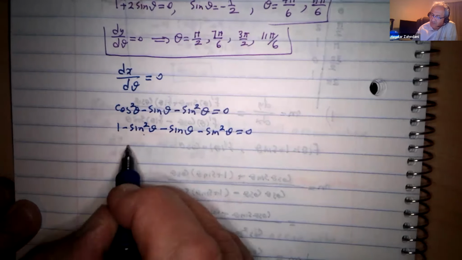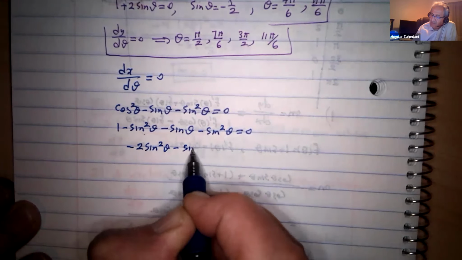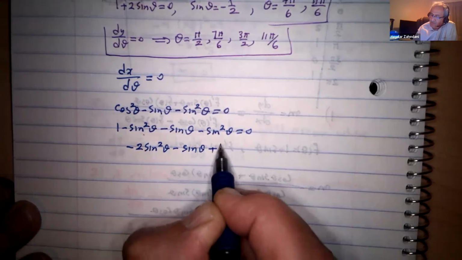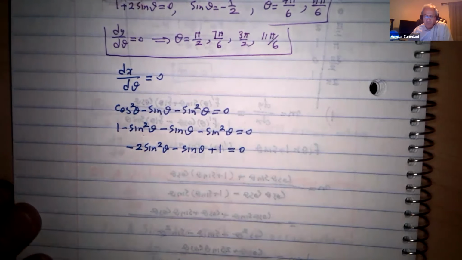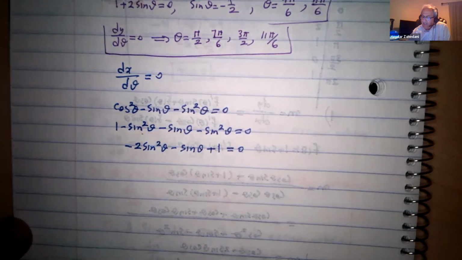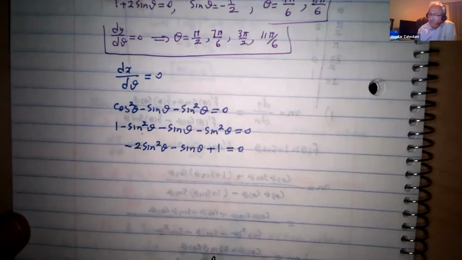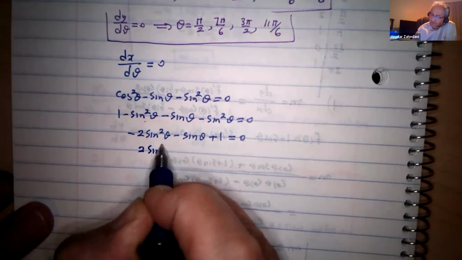Combine these together, and that gives negative 2 sine squared θ minus sine θ plus 1 equal to 0. You can solve this equation using the quadratic formula, or multiply by a negative sign to make it easier to factor.